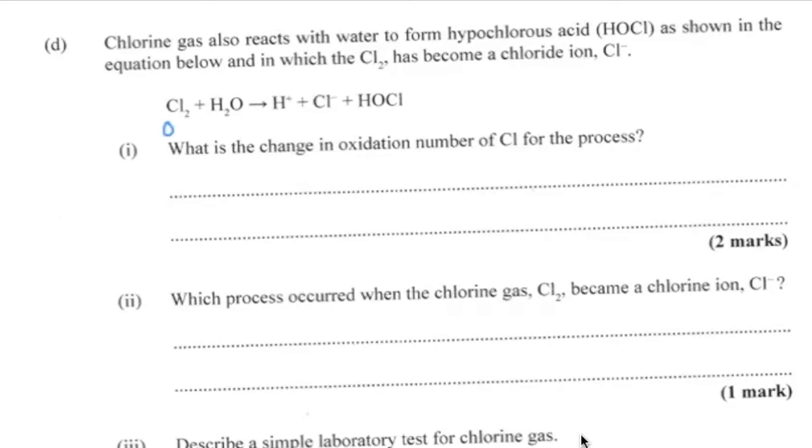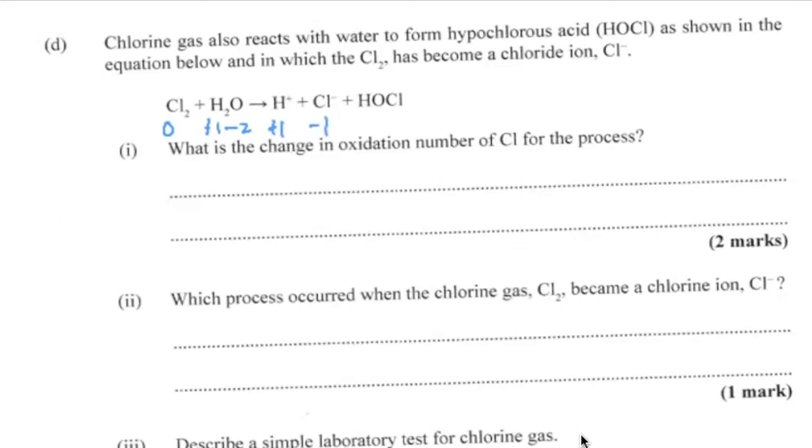0. Our hydrogen in water here is +1. The oxygen is -2. Now here we have H+, so that's +1. The charge on this species is the same as its oxidation number, except you write the sign first for the oxidation number, but the number first for the charge. So here for the chloride, it's -1.